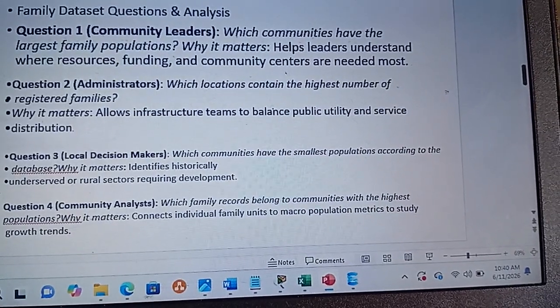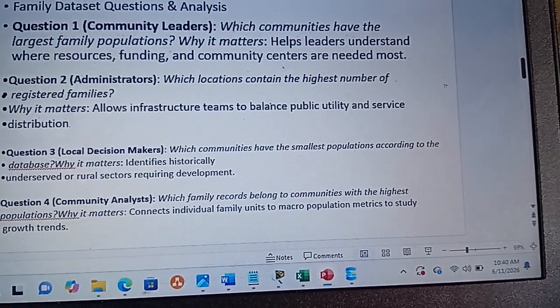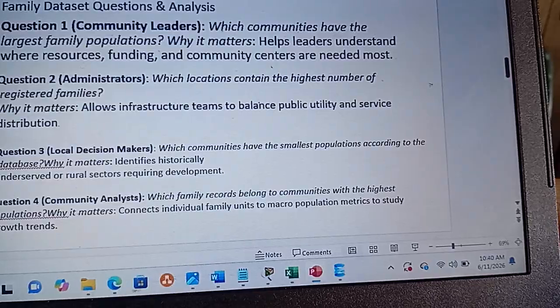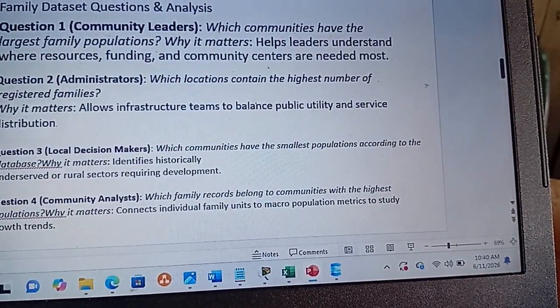Finally, which family records belong to those high population communities? This connects individual family units to larger macro trends.